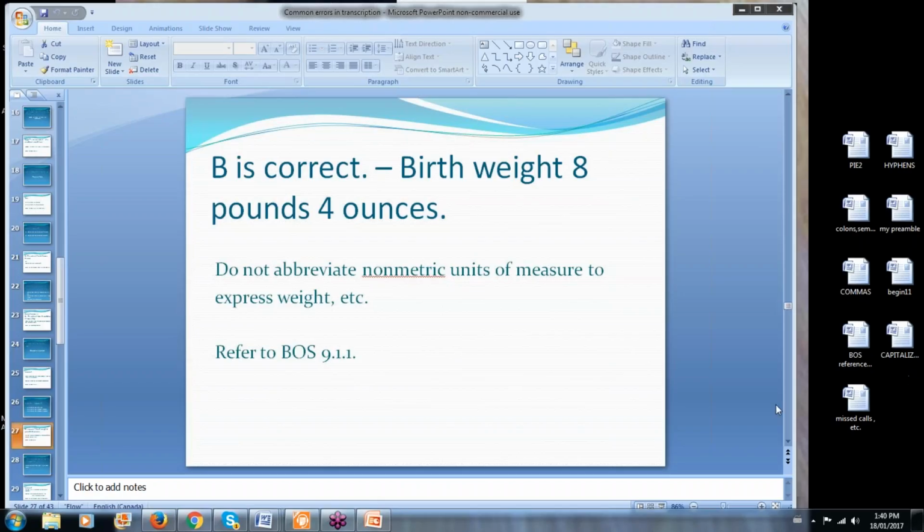Or if it's something like this, then go to the specialty chapter, like OBGYN. This is in chapter 9, but if you went to the OBGYN chapter as well, it would show you that.